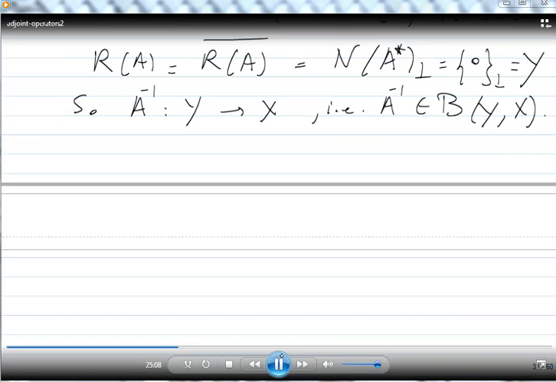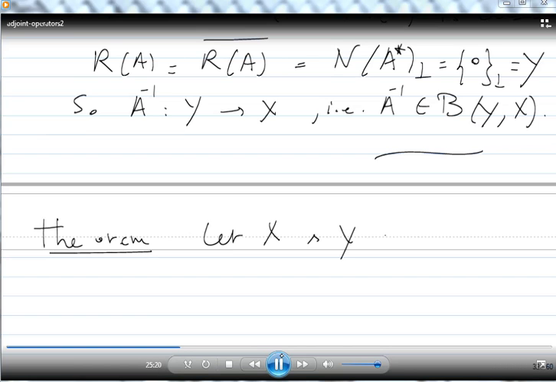So here, the next theorem. Let's now assume both are Banach spaces. Let A be a bounded operator.